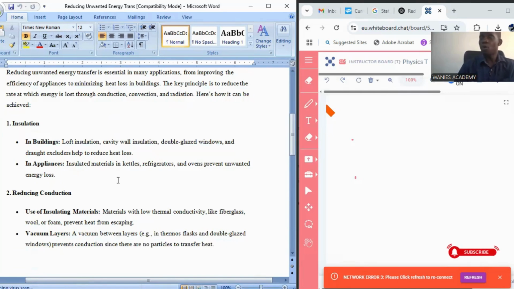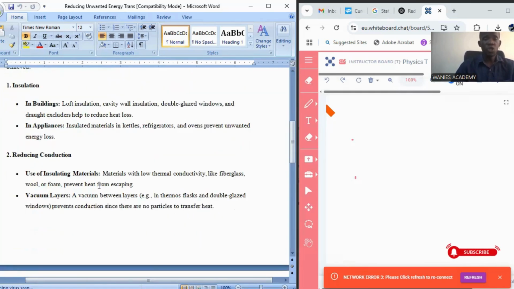Materials with low thermal conductivity can be applied, like fiberglass, wool, foams, and all of those materials. They prevent the escape of heat, and so they can be used as a means of preventing heat from getting out of our materials.